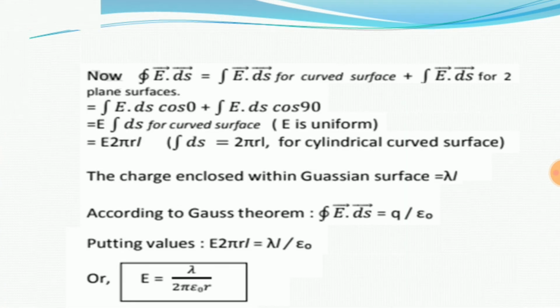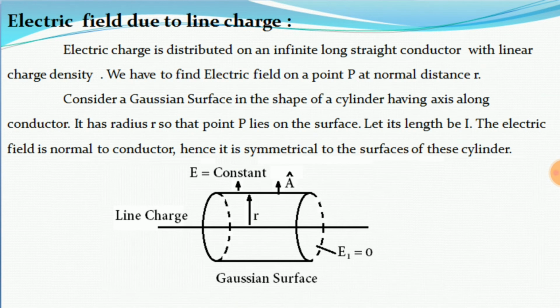Now closed integral vector E dot ds vector is equal to integration vector E dot ds vector for the curved surface plus integration vector E dot ds vector for the two plane surfaces. Here for the plane surfaces, the angle between the electric field and the area vector is 90 degree, and we know that cos 90 is 0.